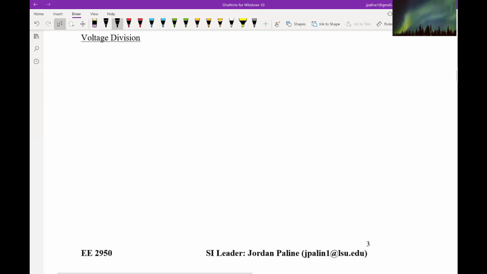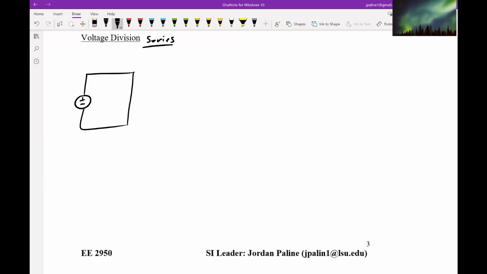All right, we'll take a look at voltage division. Now voltage division, everything needs to be in series. And if we draw this out, we'll call this V of S. We'll add our terminals plus and minus all the way around. This is V1, this is V2, this is V3, this is R1, R2, and R3. All right.